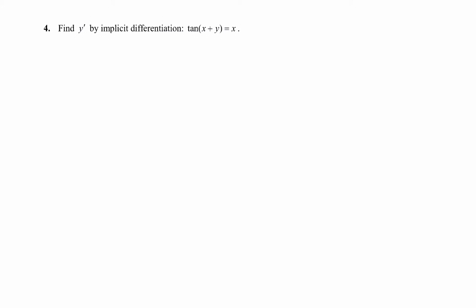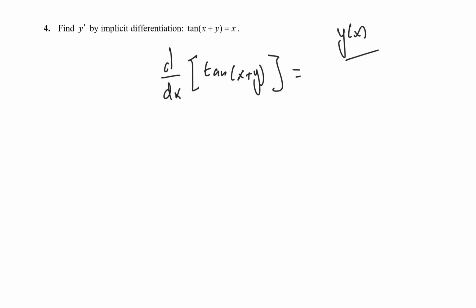Okay, problem number 4, find y prime by implicit differentiation. We do the same thing. We do the derivative with respect to x. You see, it's impossible to solve for y of x and make the derivative. So tangent of x plus y equals x, and we take the derivative with respect to x.